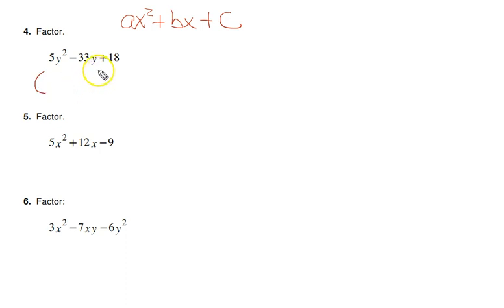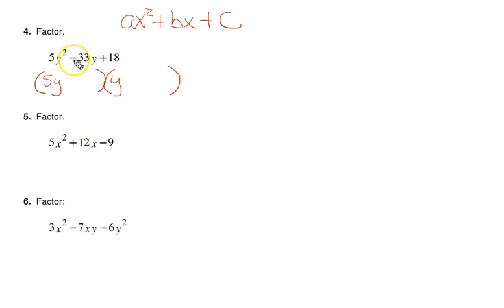So we suggested you put 2 parentheses, and then undo the FOIL that made this, perhaps. And I think our first term we can agree is going to be 5y times y. So we could put the y here and the 5y there, but this is good too.